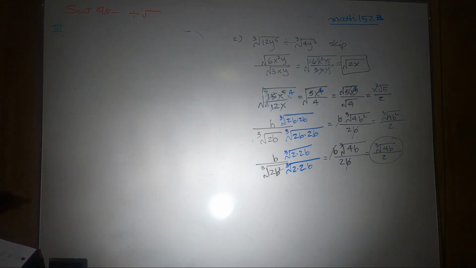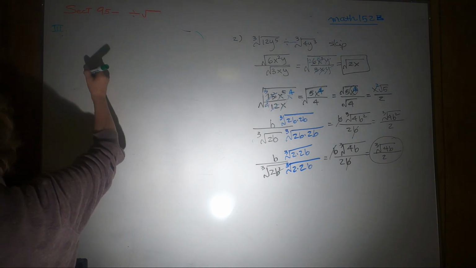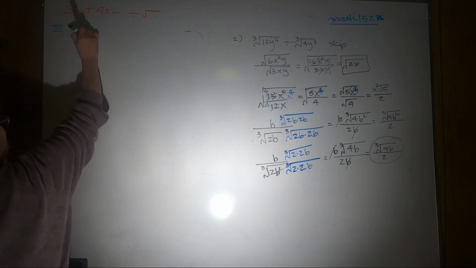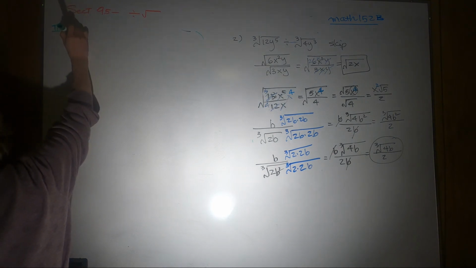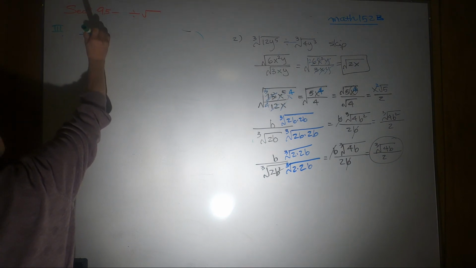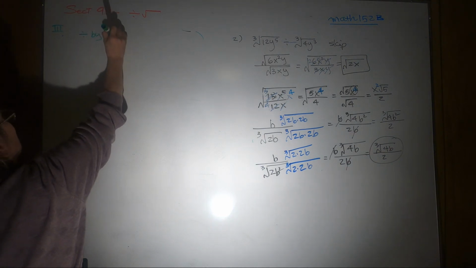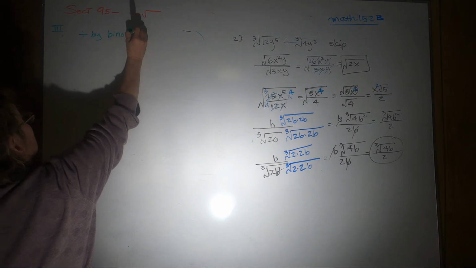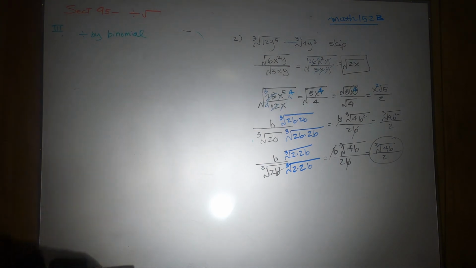However, if the denominator is what? Some radical plus or minus something, a binomial, instead of a monomial. With a monomial, you can just multiply to make a twin or triplet or quadruple to eliminate the radicals in the denominator.